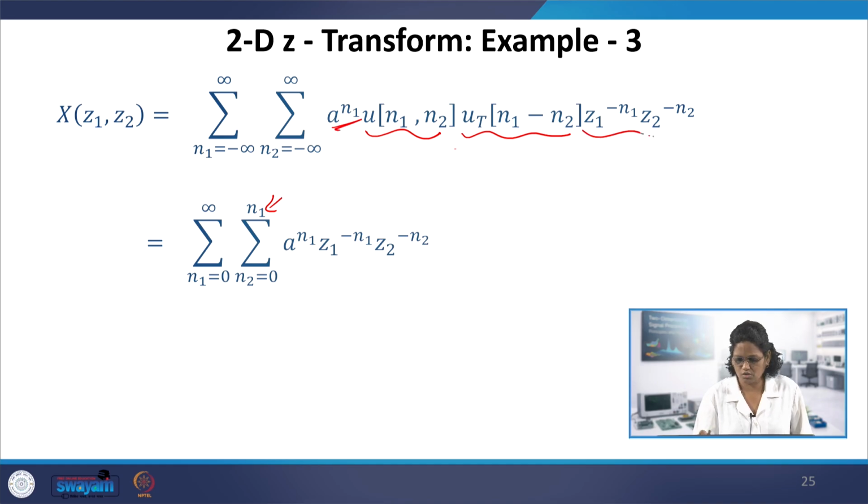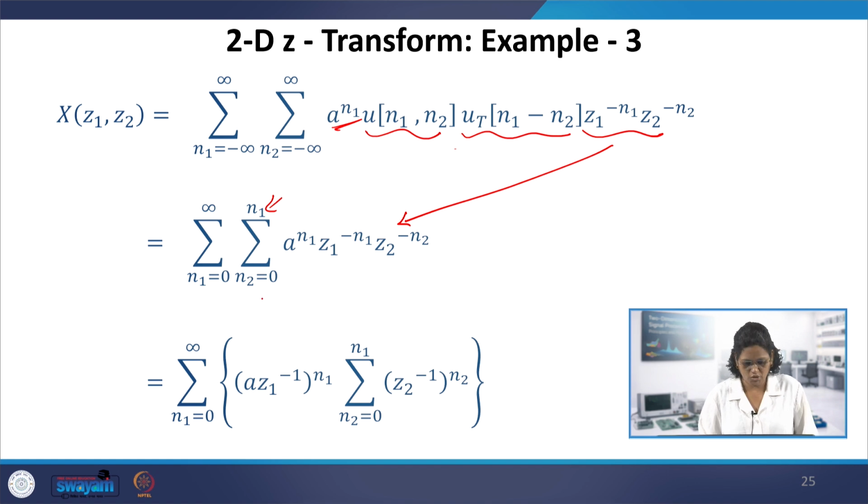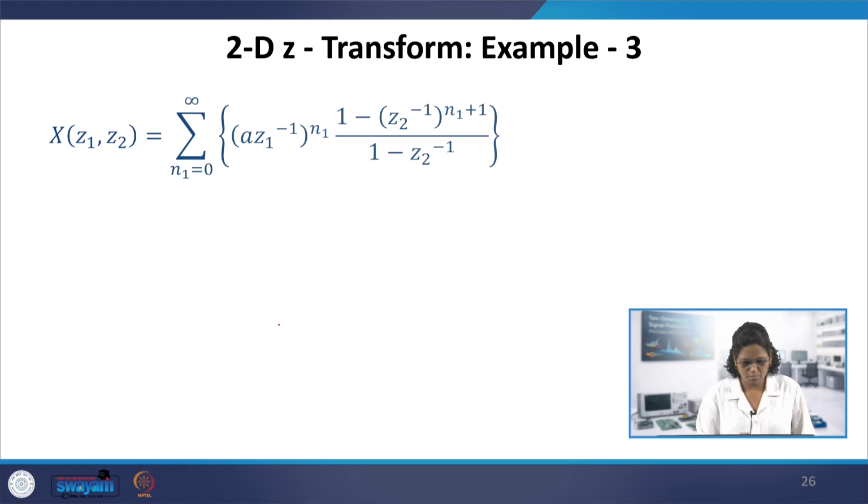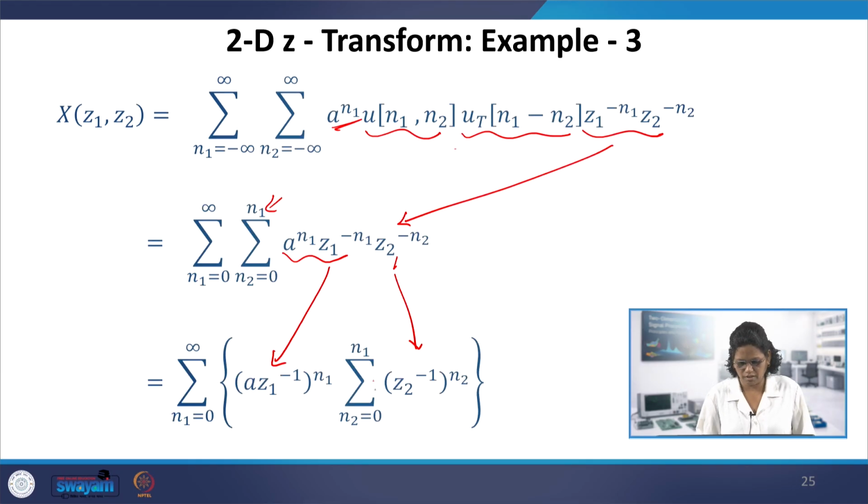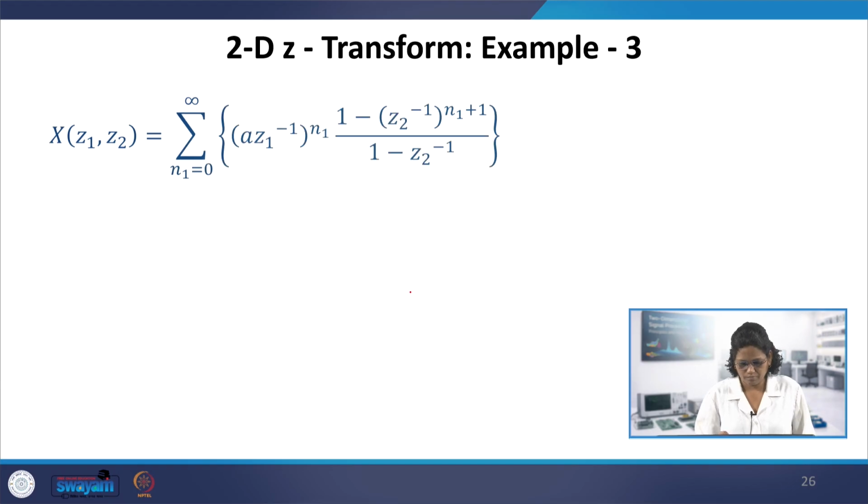So adjusting the summation, n1 from 0 to infinity, n2 from 0 to n1, these two terms would come in this summation. Now we simplify this n1, and the second summation which we have is the finite summation, and this would be 1 minus z2 power minus 1 to the power n1 plus 1 over 1 minus a.